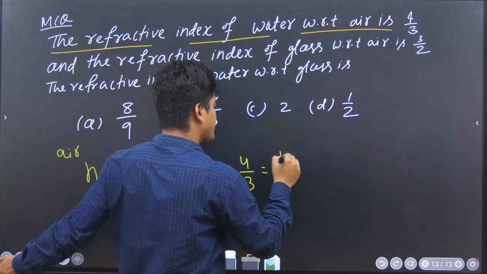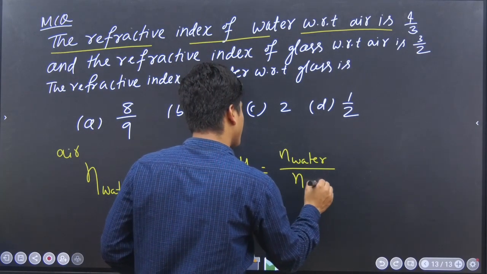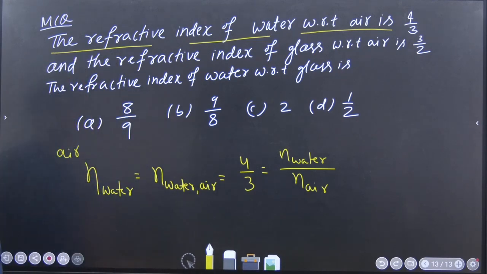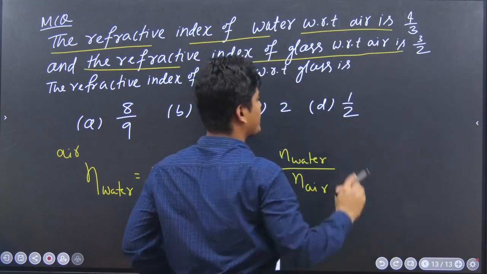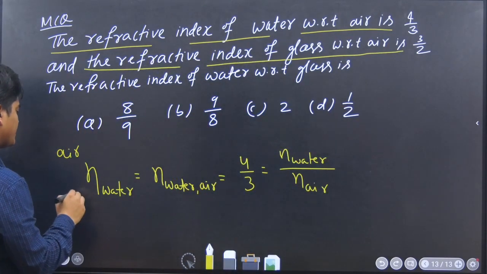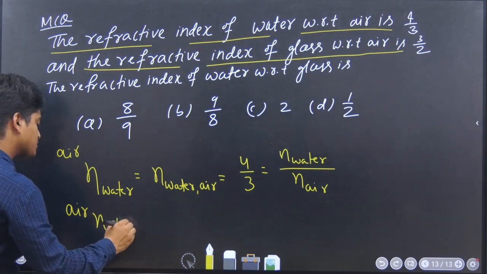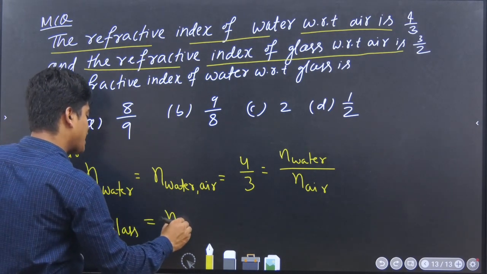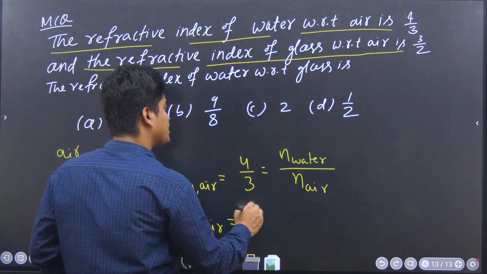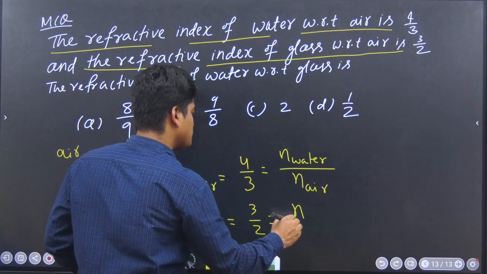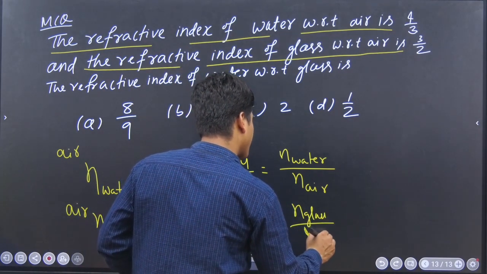That can also be written as the refractive index of water divided by the refractive index of air. Now the refractive index of glass with respect to air is 3/2. So here light is coming from air going to glass. You can write it as glass comma air, which is 3/2, or the refractive index of glass by air.